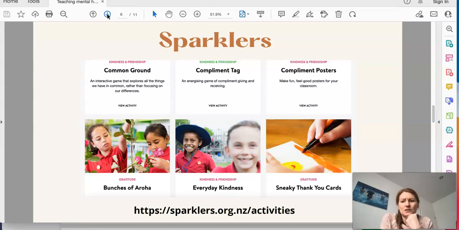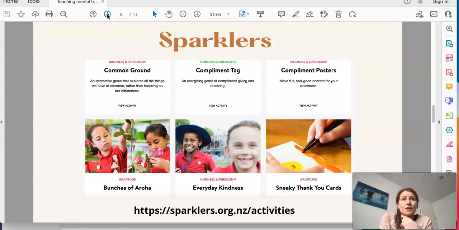You'll find around late 80s activities, and there's all sorts of ways that you can search for those. They have got some curriculum links made, and a lot of the activities have got worksheets or resources that go along with them. There's a few themed activities too around conservation, Matariki, and Te Whare Tapa Whā.